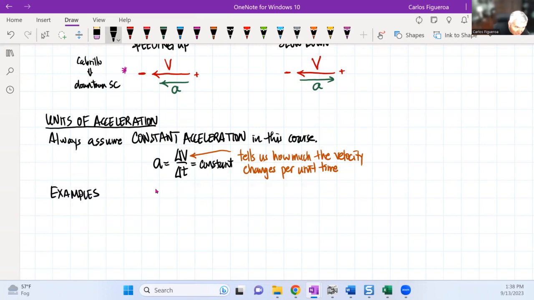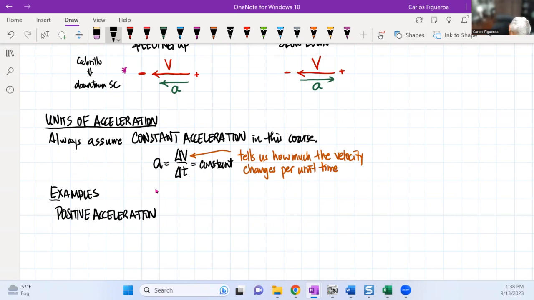So the first one I want to focus on here is positive acceleration. And you'll see why positive acceleration makes more sense here. So here's what I'm going to do.